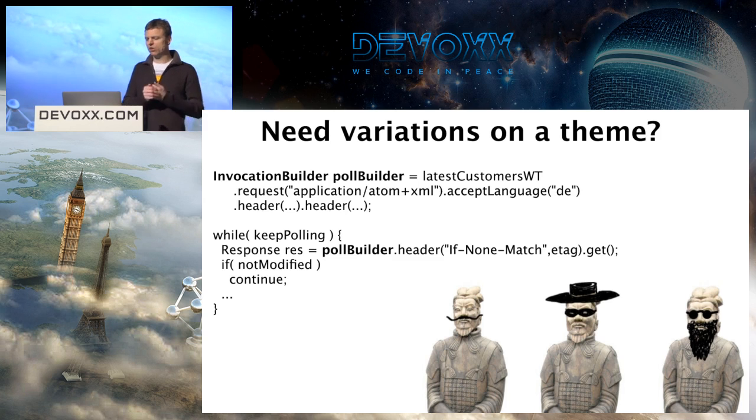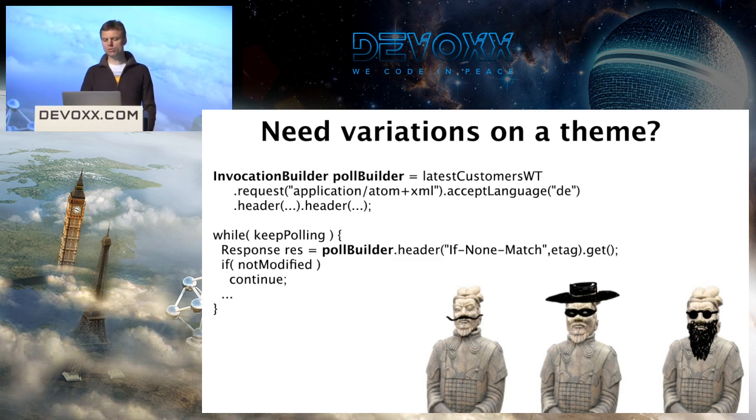So instead of building the invocation all the way up to the end, we can just stop before we actually say build get or build post. And what we end up with is an invocation builder. And then we could use this invocation builder inside a loop and supply an additional header, which is probably changing every time.